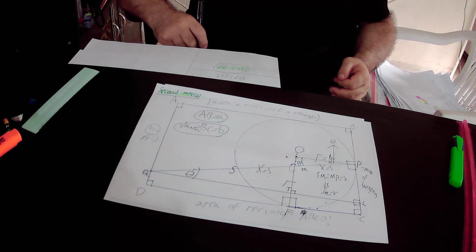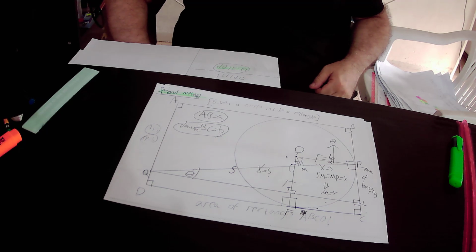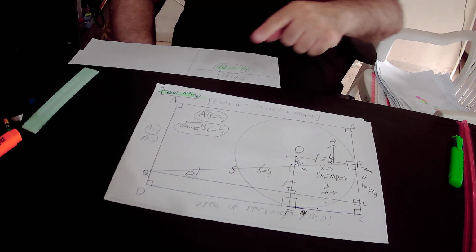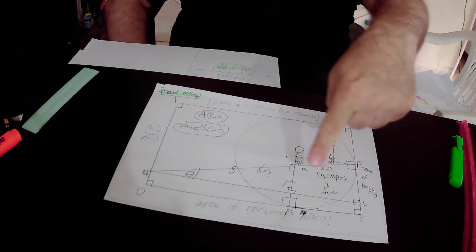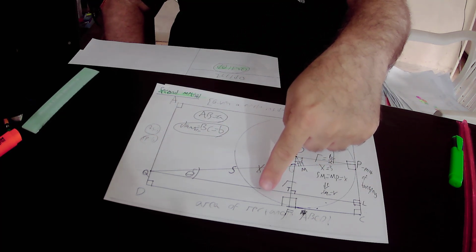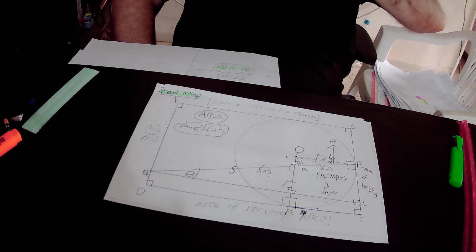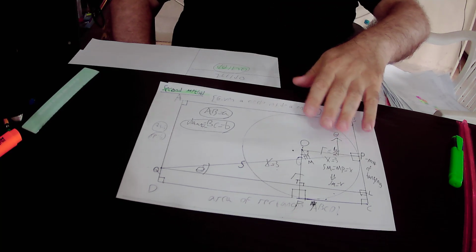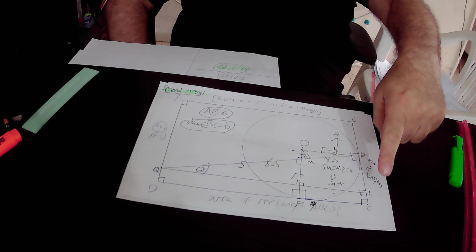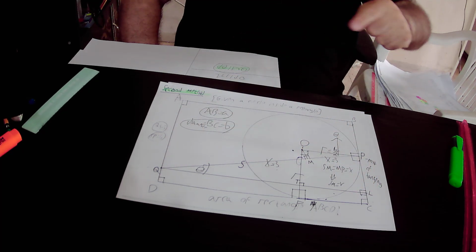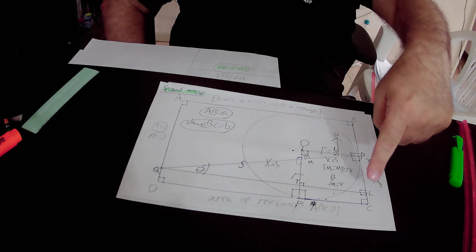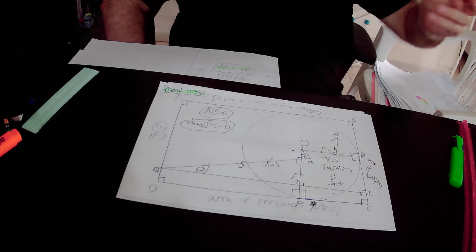In the next step we'll focus on quadrilateral QDCL, this quadrilateral. In quadrilateral QDCL, we have 1, 2, 3 right angles.